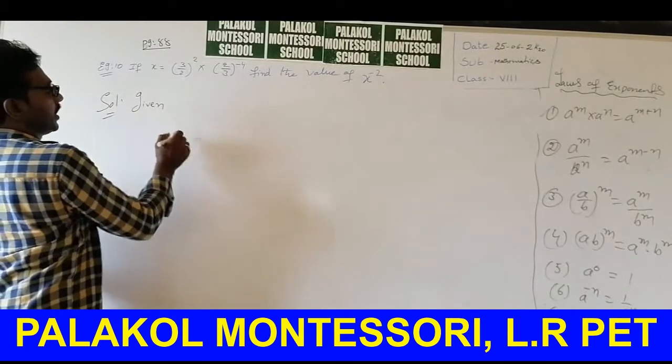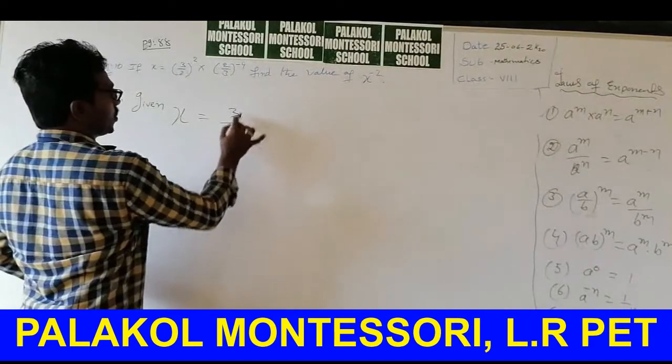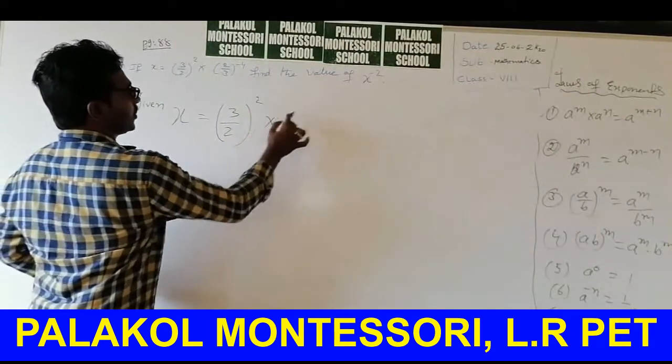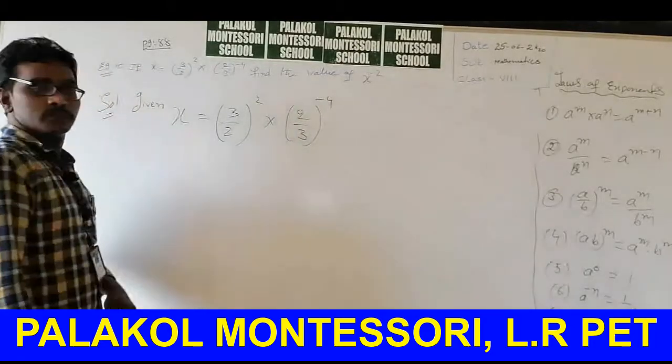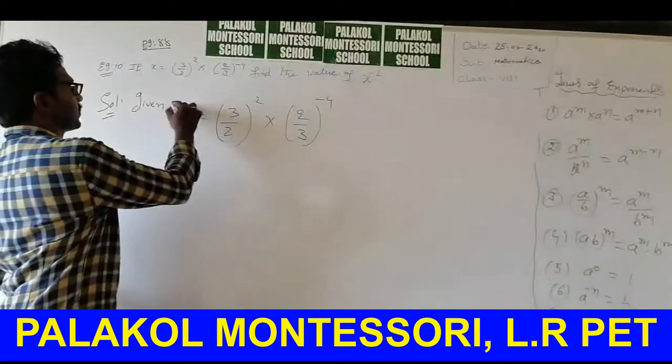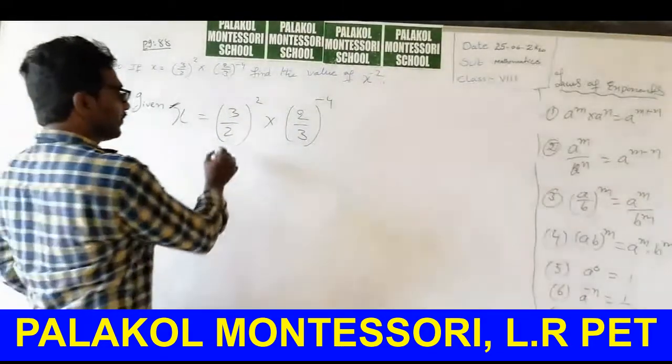Given x is equal to (3 by 2) whole square into (2 by 3) whole power of minus 4. Now you find out that x value. How do you find out the x value? Simplify this one.